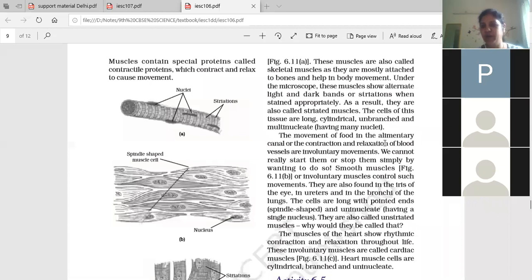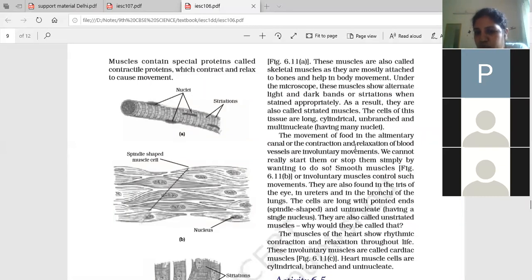So the movement of food through the alimentary canal, movement of oxygen in our body, movement of blood through the blood vessels, these are not in our control. So these actions are called involuntary actions. They are not under our control. Involuntary actions are performed by another type of muscular tissue called smooth muscles or unstriated muscles.